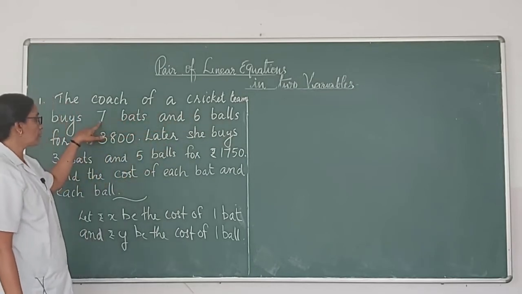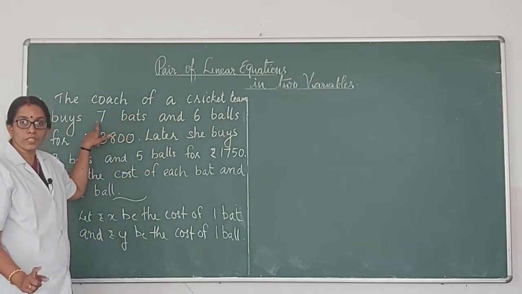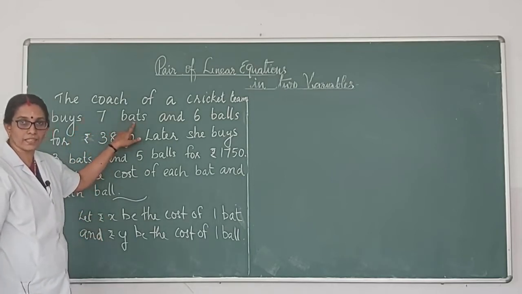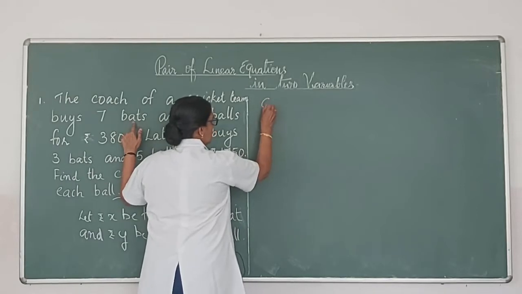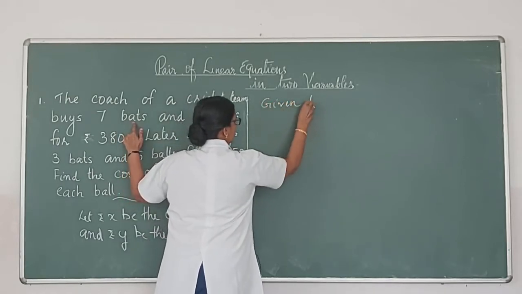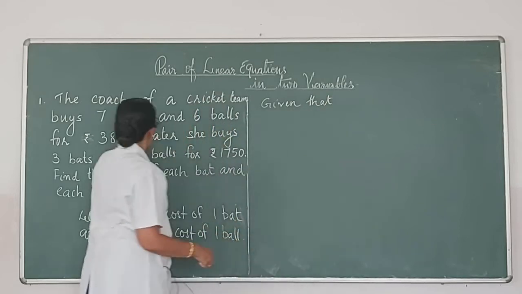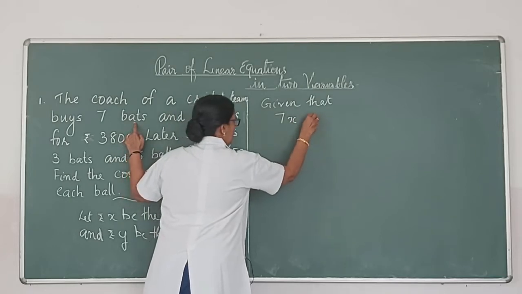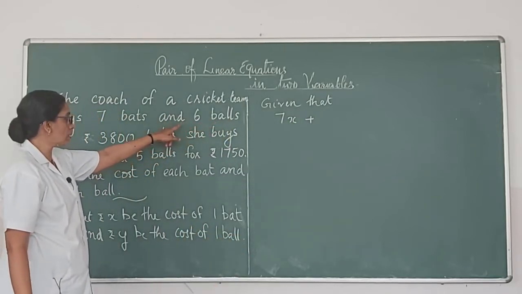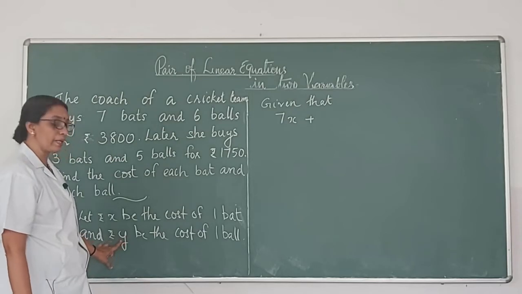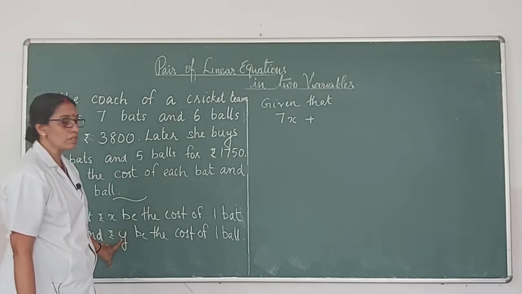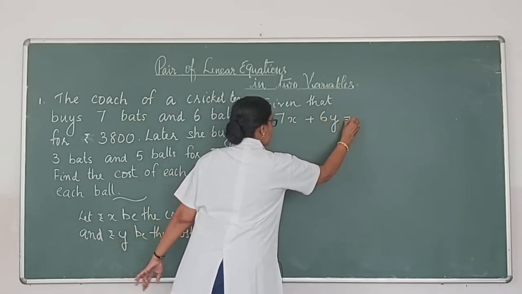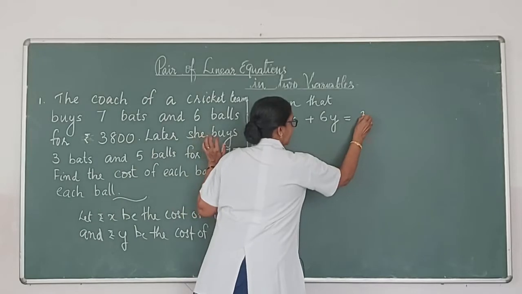Cost of 1 bat is x, so cost of 7 bats is 7x. Cost of 1 ball is y, so cost of 6 balls is 6y. So 7x plus 6y equals 3,800.